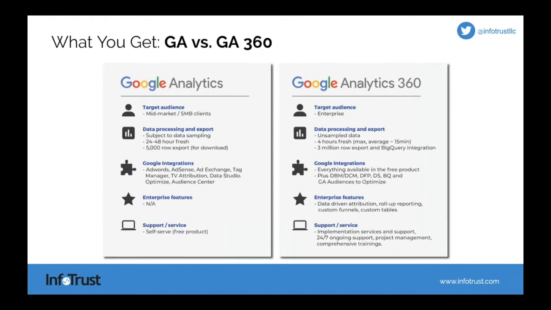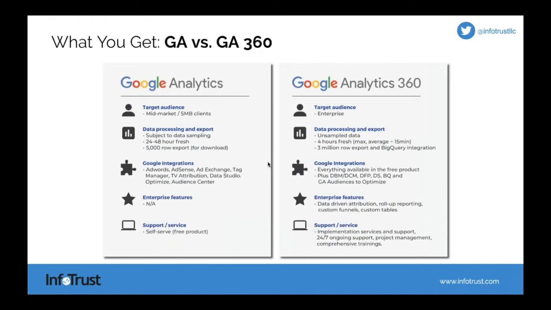The other big benefit with Google Analytics 360 versus the free version is just the sheer amount of data that you're able to collect. We'll go through some of the reasons why you'll probably need to upgrade to GA360 in a minute here. But you can see here where it says data processing and export, you do get access to unsampled data with Google Analytics 360.